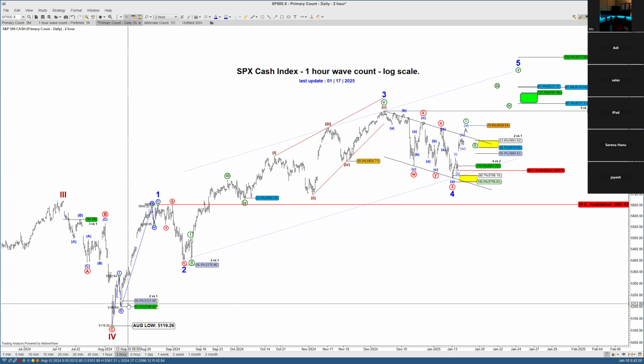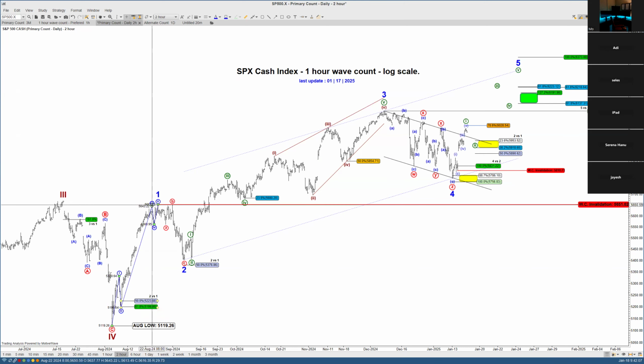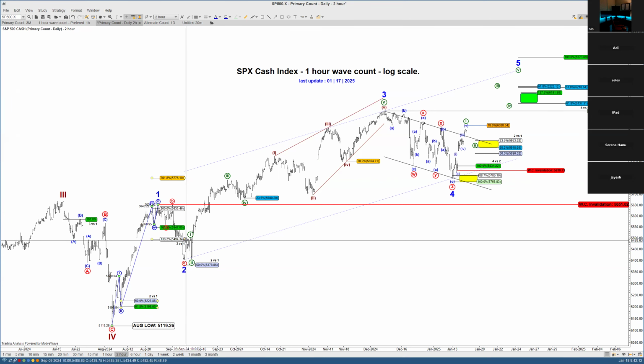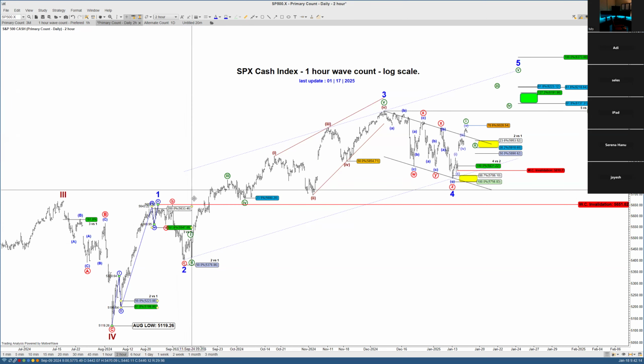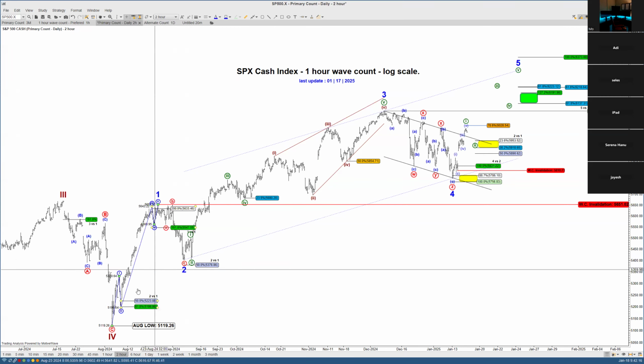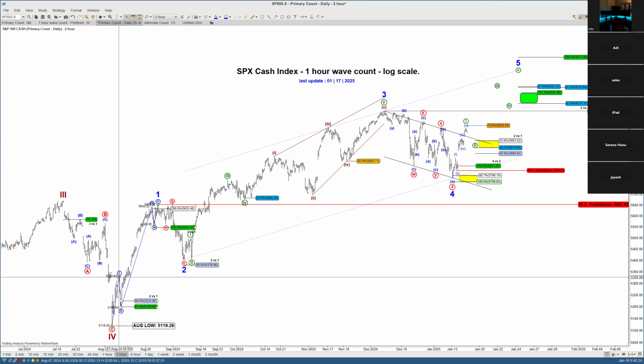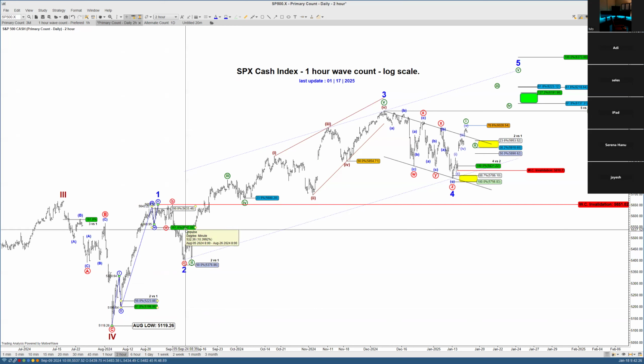The third wave, because this thing can extend. It went all the way to 200. The typical relationship of three versus one, the golden ratio of an Elliott wave, is 161.8. So here's your wave one down into 55.47.